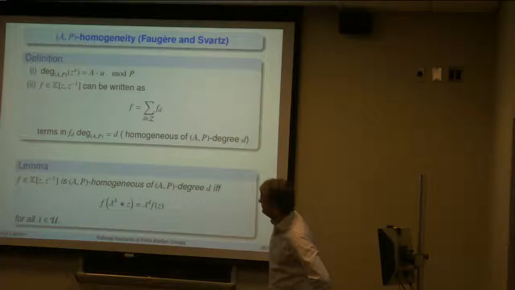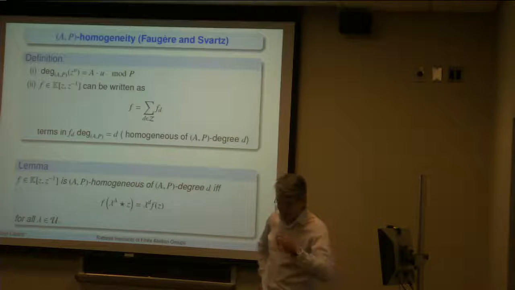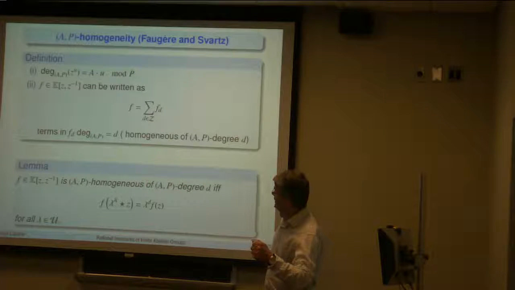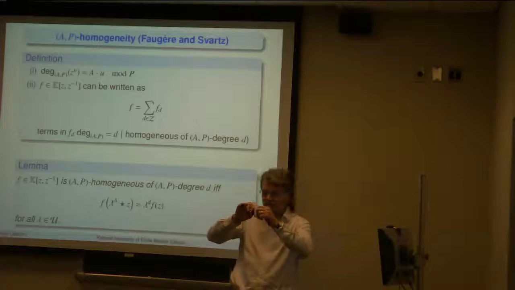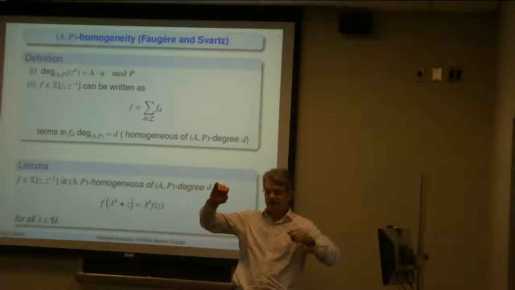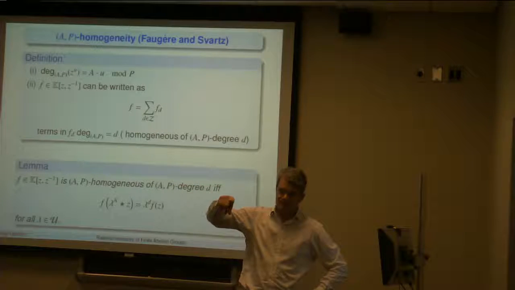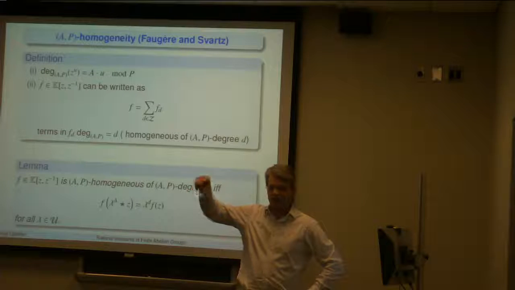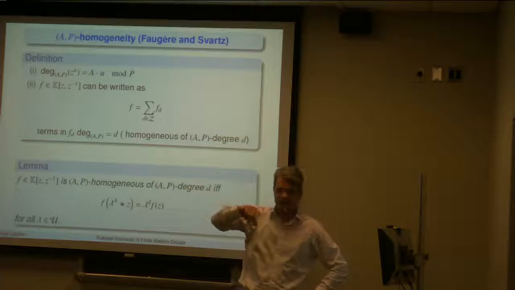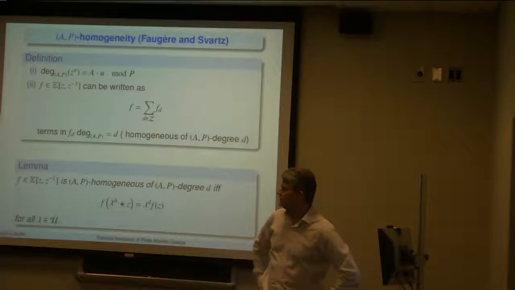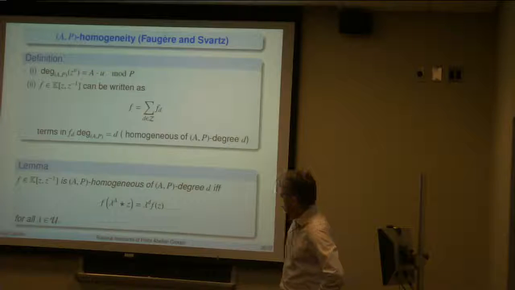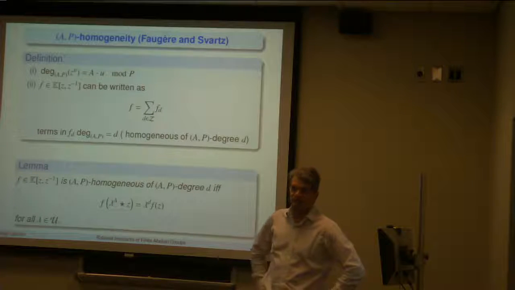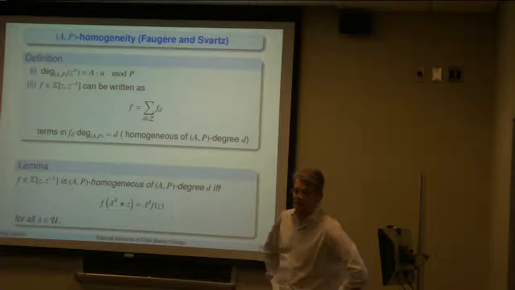Okay, and furthermore, that means that any polynomial I can actually write as a sum of things where this one's invariant, this one's of order 1, order 2, order 3, etc. Right? Okay, and each term is called homogeneous of AP degree D.